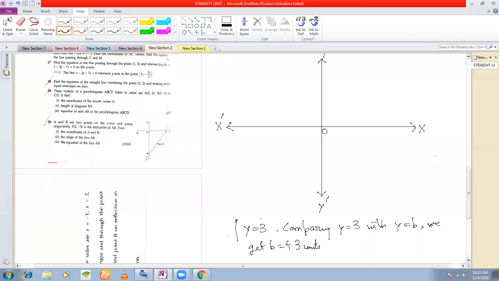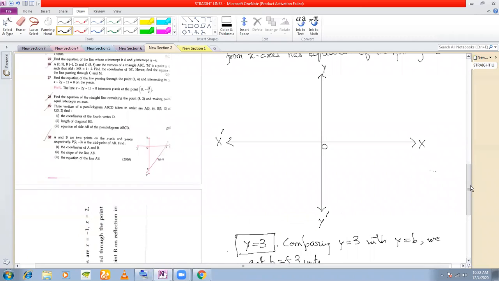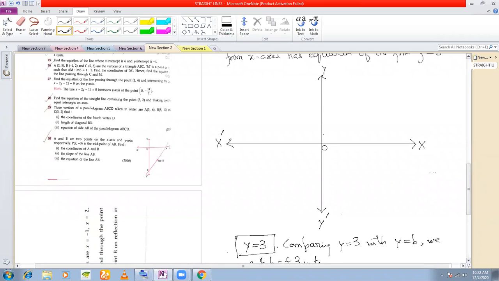This will always be a straight line parallel to the x-axis. Remember, any straight line of the form y is equal to something will always be parallel to the x-axis. Since it is y is equal to plus 3, you take 3 units in the positive direction and draw a straight line passing through this point.